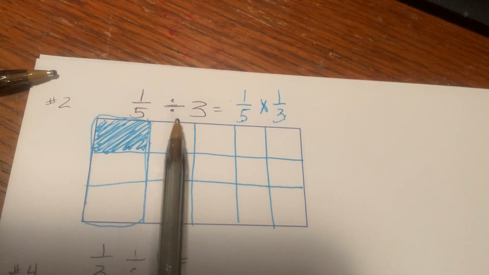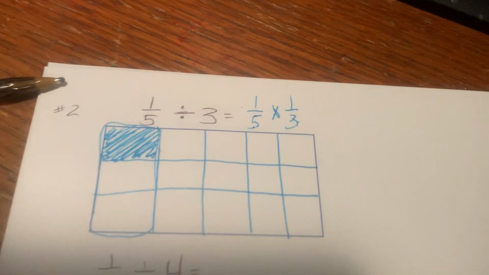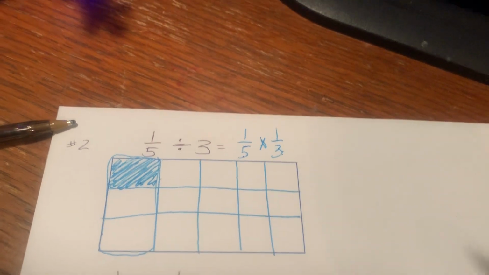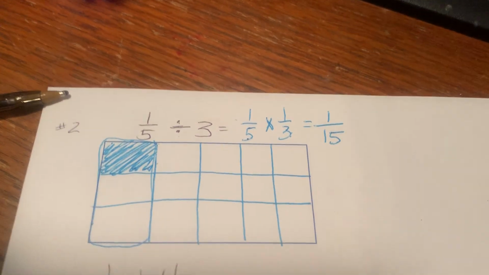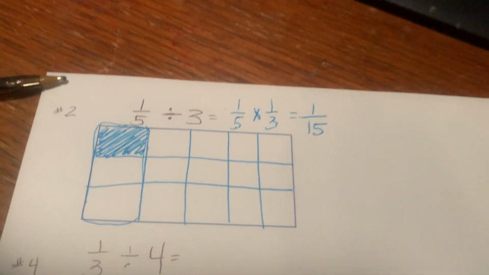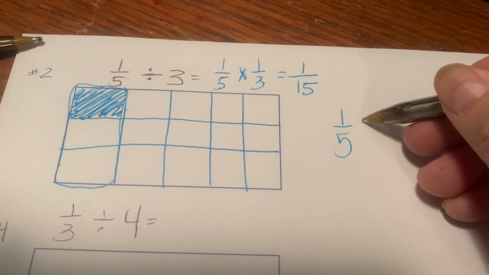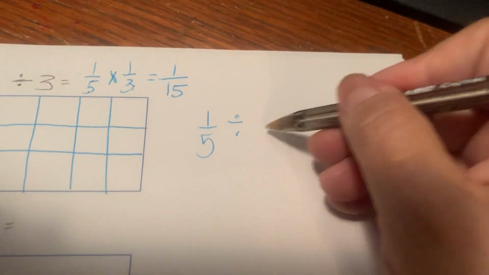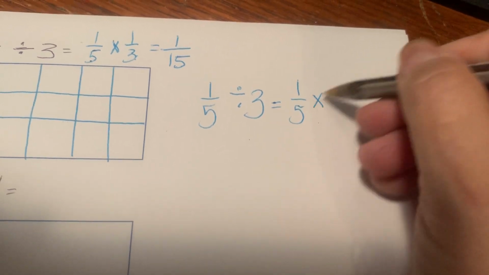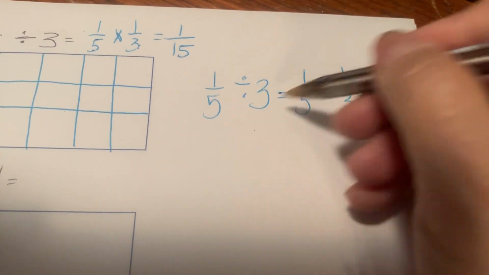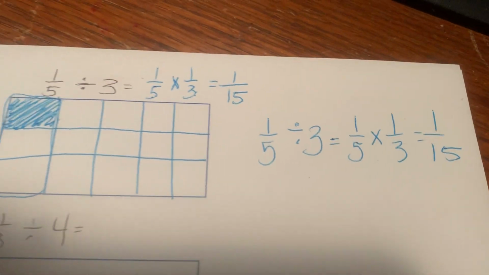There's 3 here, 6, 9, 12, 15. So now we have 15 parts, and I'm talking about one of those parts. So I'm going to call that 1/15. And so, going with our keep, flip, change, I could think about that as 1/5 divided by 3, which is the same as 1/5 times 1/3, because that's the reciprocal of 3, equals 1/15.